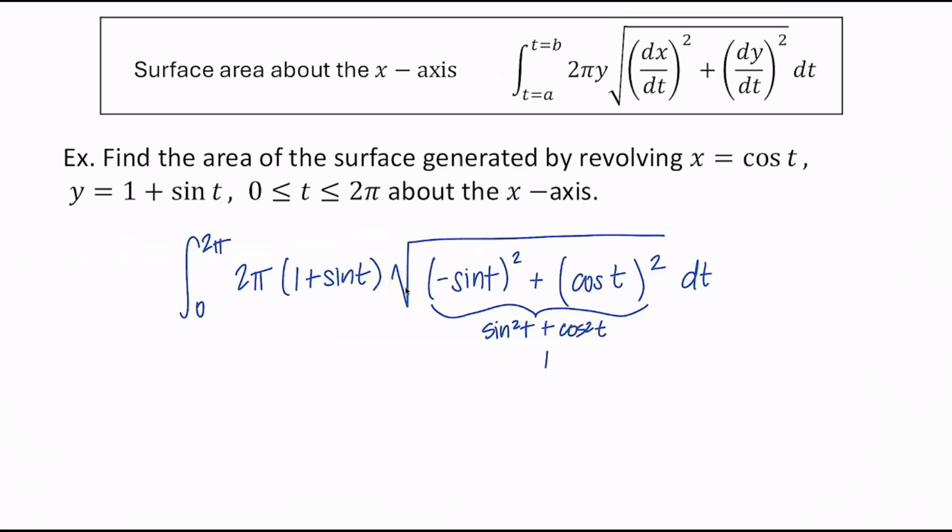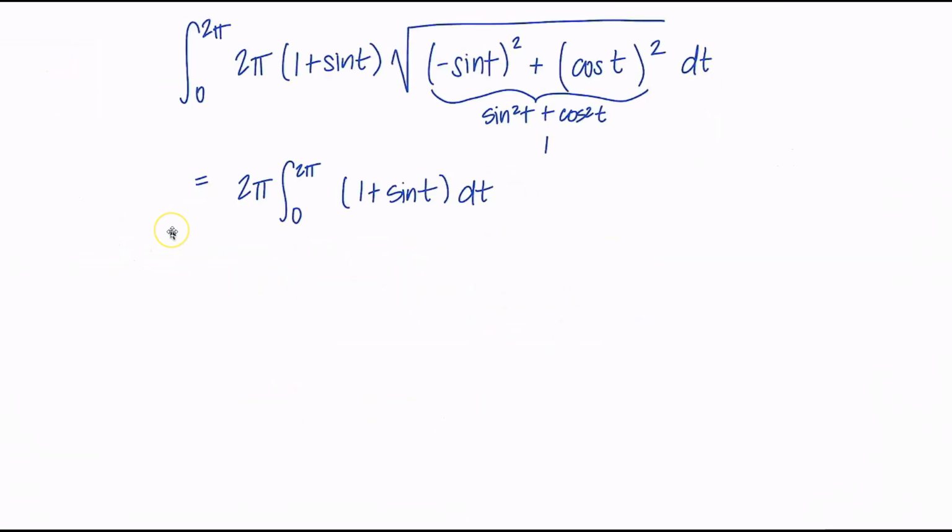So our integral is going to be, I'm going to pull out the multiple 2 pi, so 0 to 2 pi, of just 1 plus sine t dt, because again, this whole thing is just 1. So we'll need a little bit more space. Now here we'll have 2 pi. The antiderivative of 1 is t.